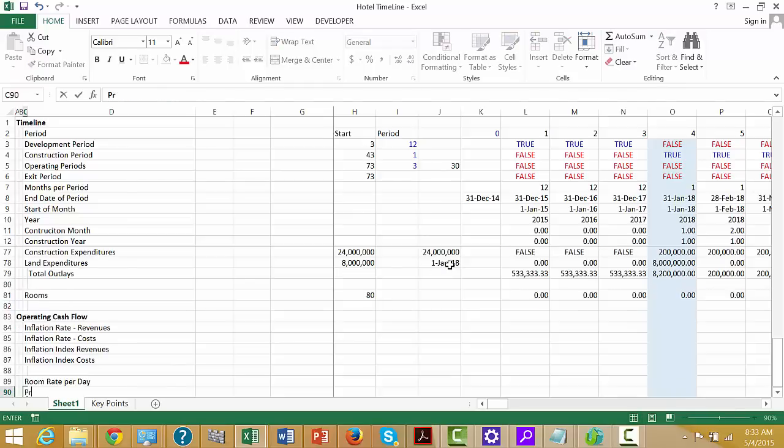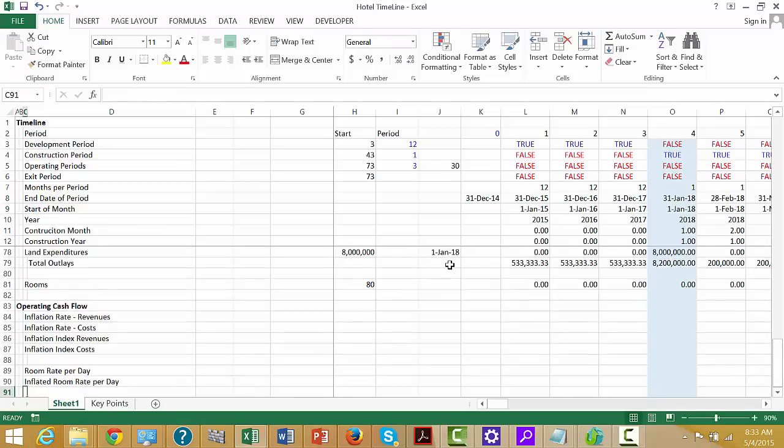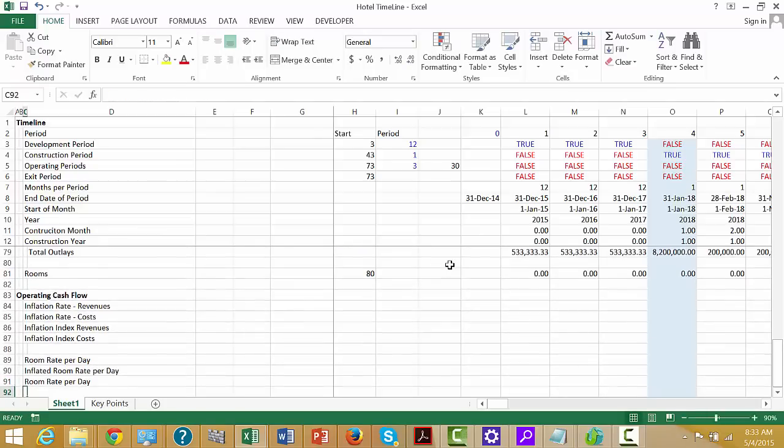How about inflated room rate, room rate per day, room rate per period.